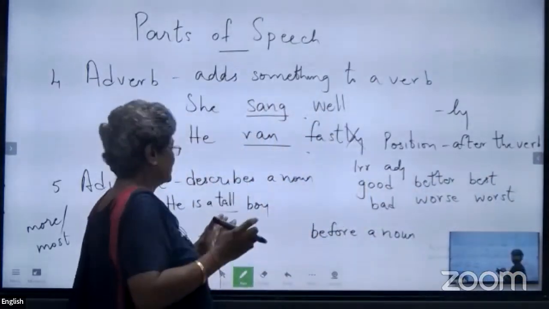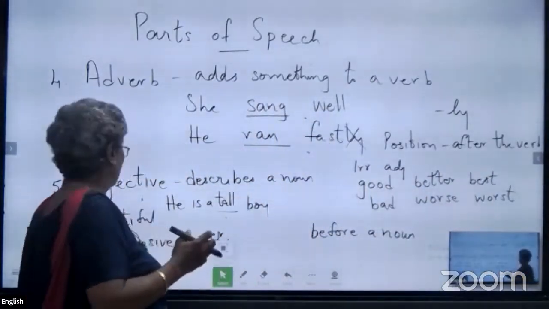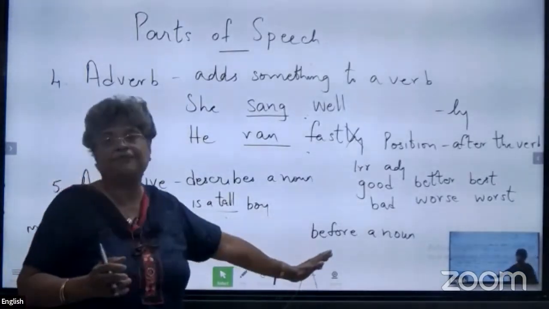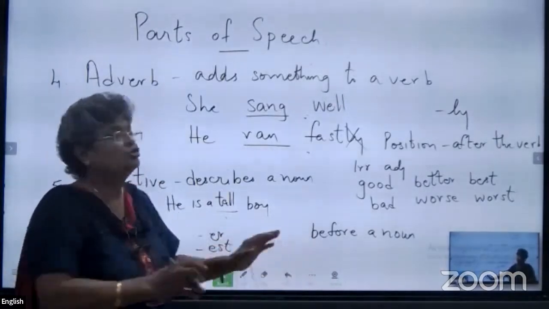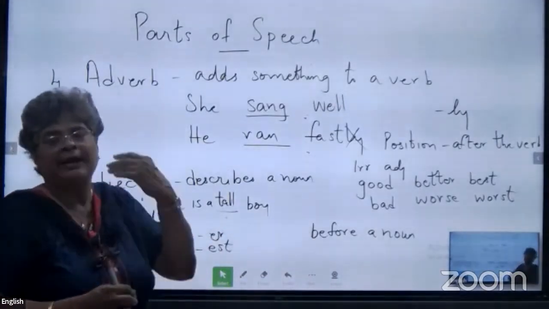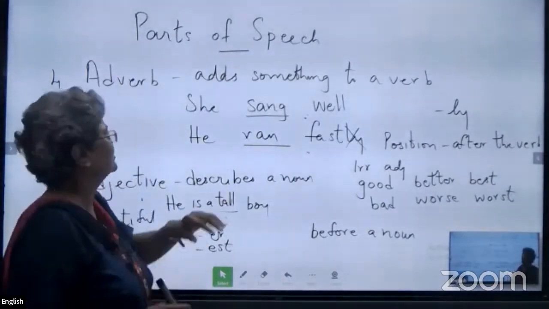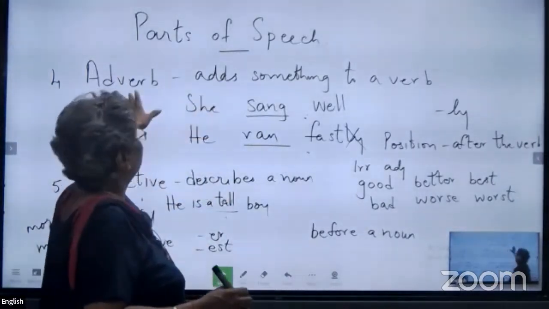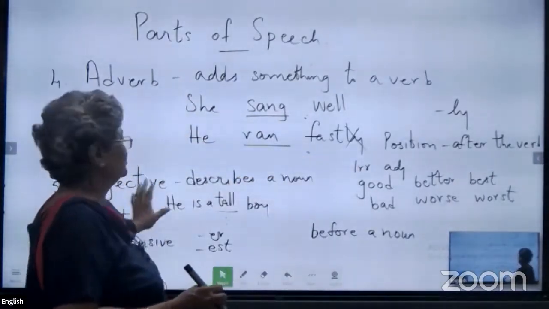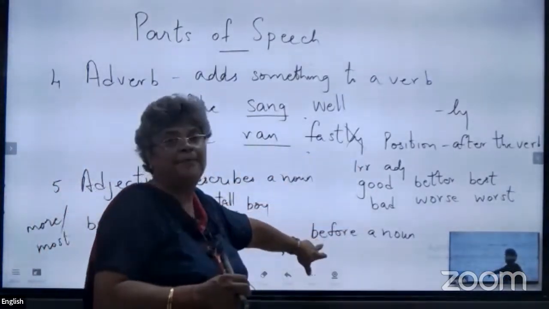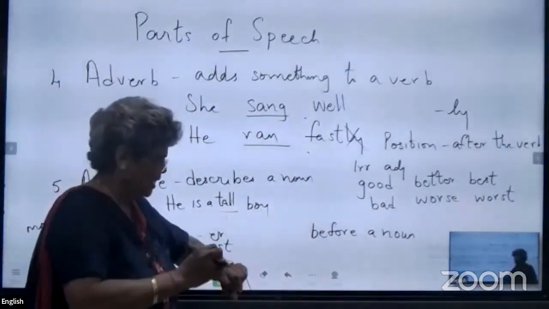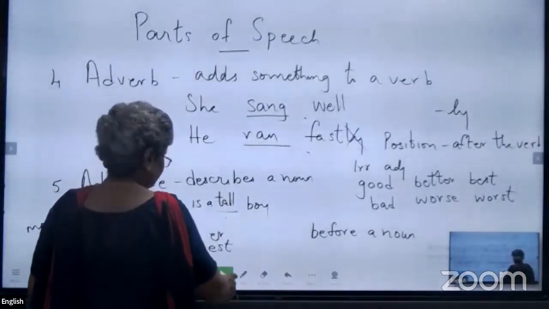Mostly, they take up er, est, or more, most, and the position of an adjective is before a noun. So this should help you, children, when you get confused whether it's an adverb or an adjective. Remember that the position of an adverb is after the verb, and the position of an adjective is before a noun. Understood, children? Let's go on to the next.